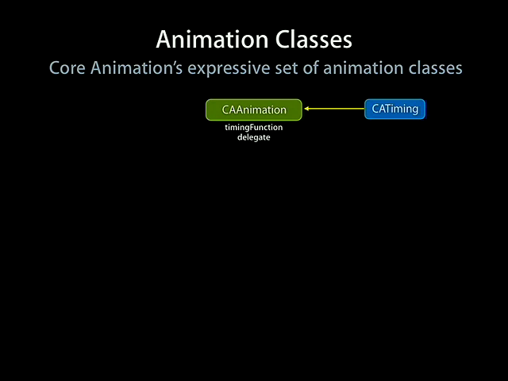The timing protocol, we're not going to talk a huge amount about, but basically it's a way of describing a timing model which both layers and animations implement. The timing model has things like a begin time and a duration, a repeat count, and that's about all you really need to know. So this just means that an animation has a begin time and a duration, basically, for now.